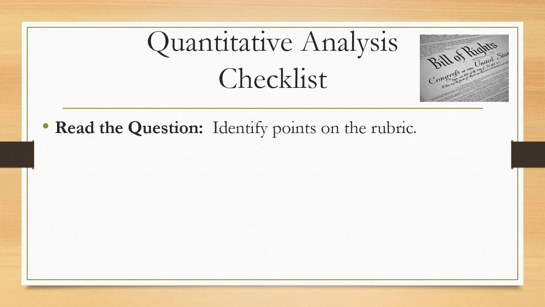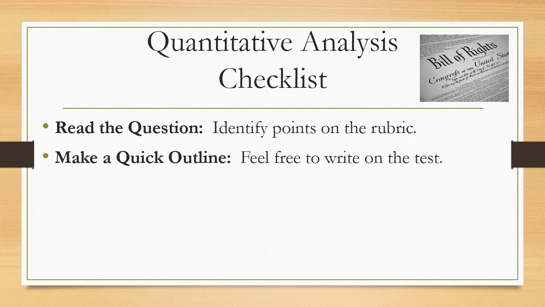So when I say read the question, I really want you to be thorough about reading the entire question, and I want you to identify the rubric, identify where you're going to score the points. The more you practice this, the better you'll get. Before you actually start writing your response to the FRQ, I want you to make a quick outline.